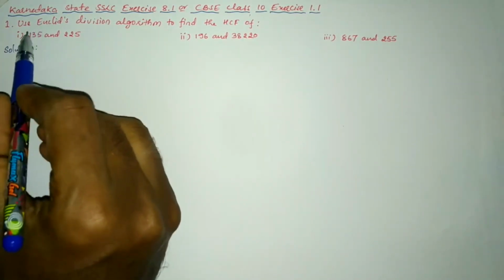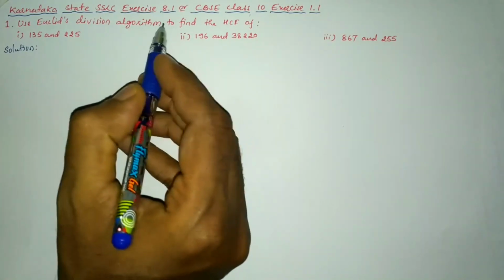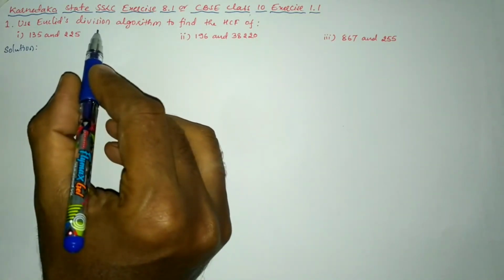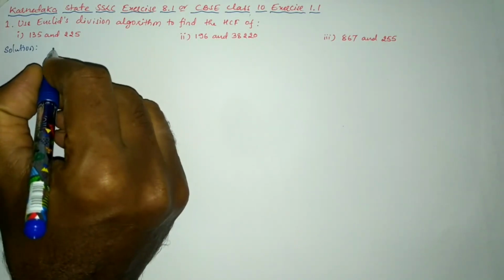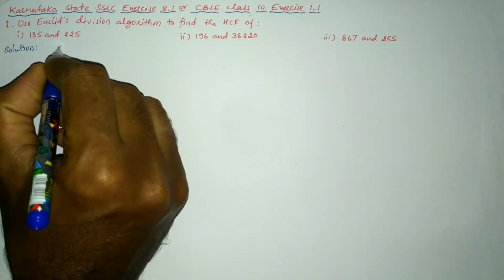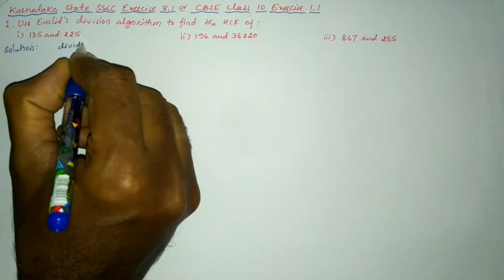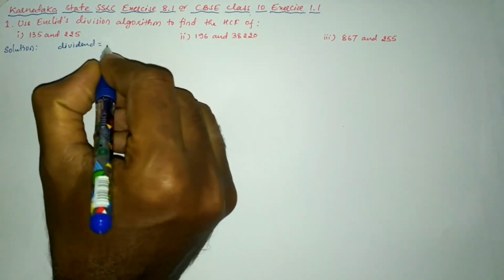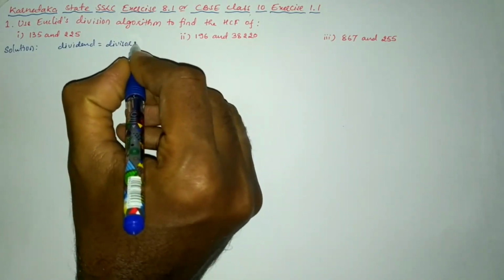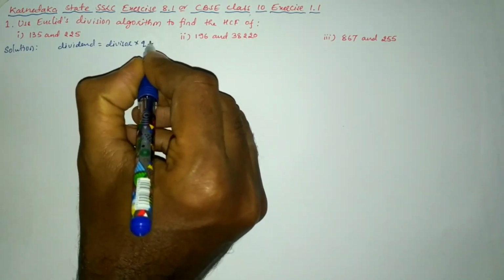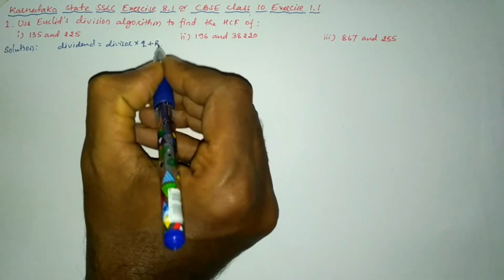Here in the question they have given use Euclid's division algorithm. So what is Euclid's division algorithm? Euclid's division algorithm gives us dividend is equal to divisor into quotient plus remainder.